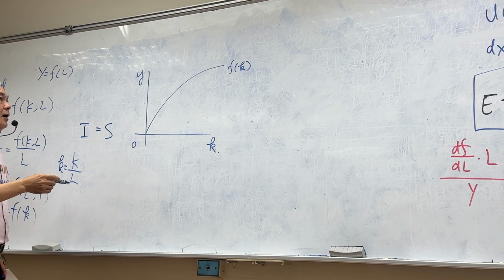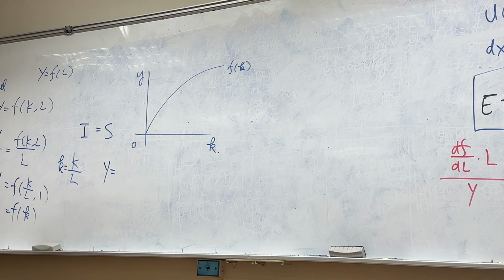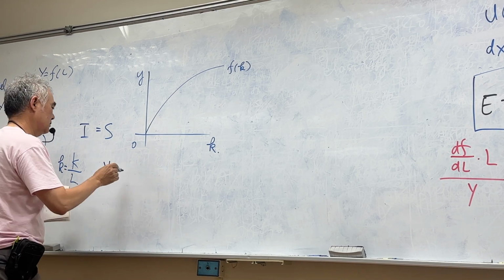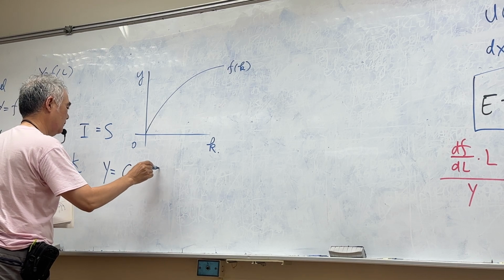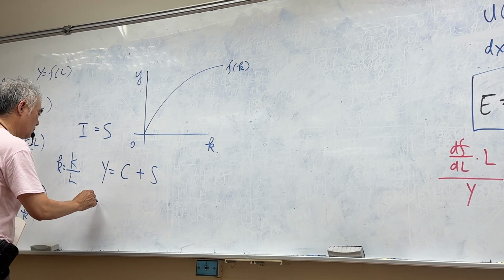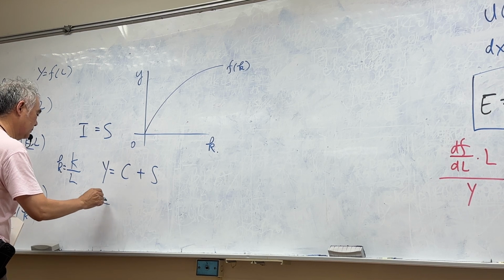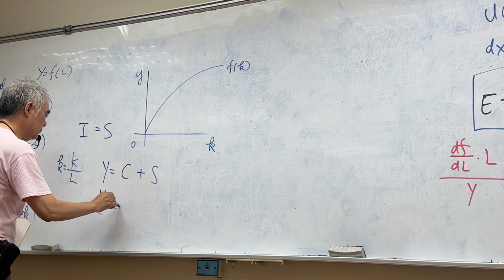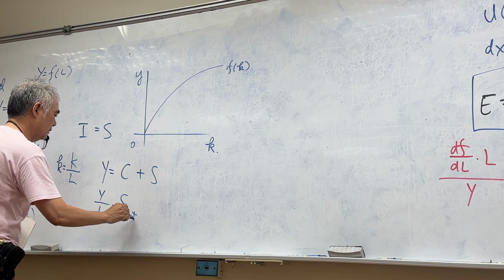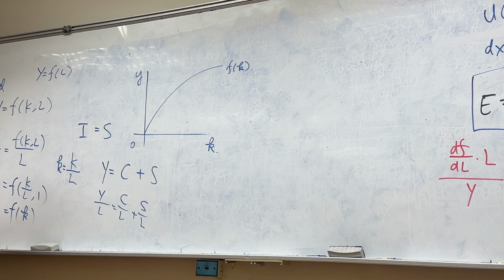And then what is this Y? That's your income, right? Your income can be used for consumption and for saving. We can do the same thing: if we divide Y by L, and divide the other terms by L as well, what do you have?